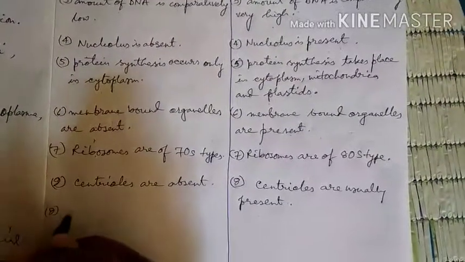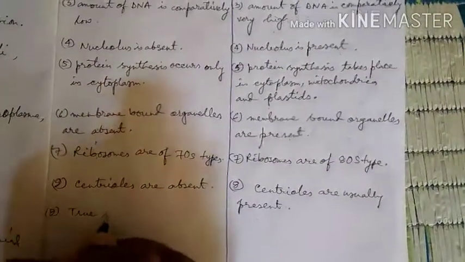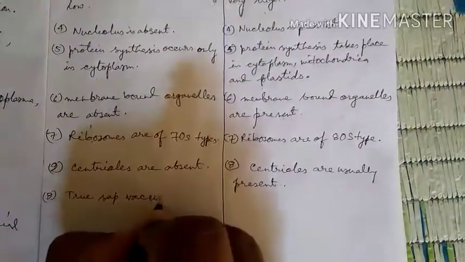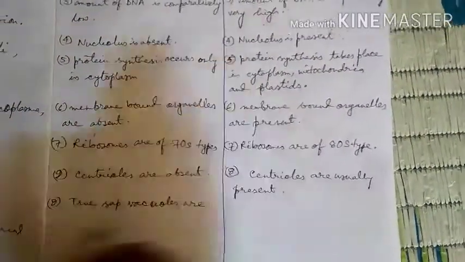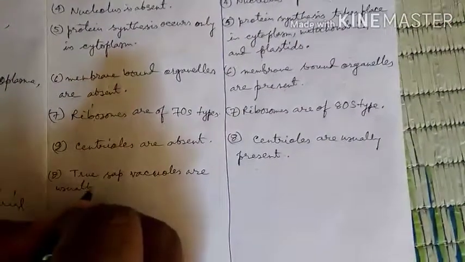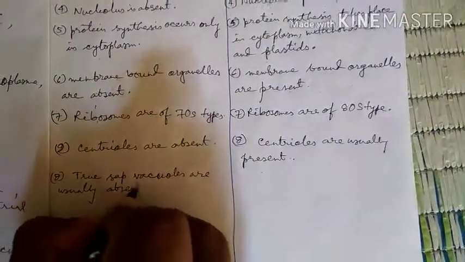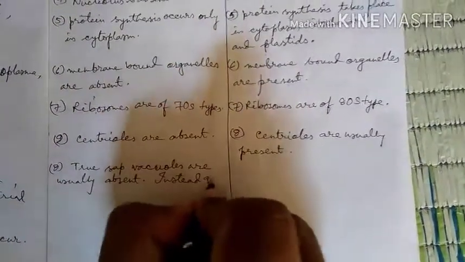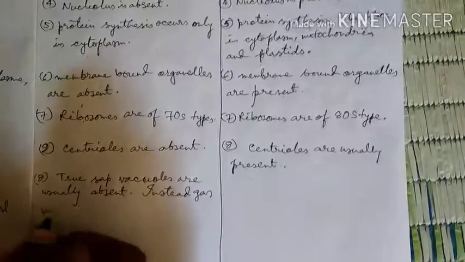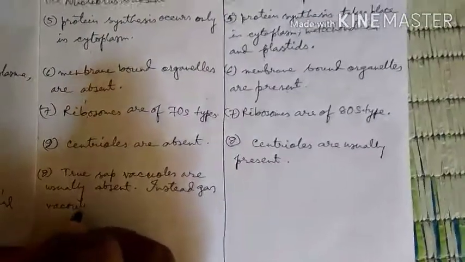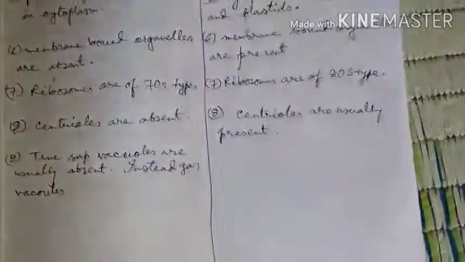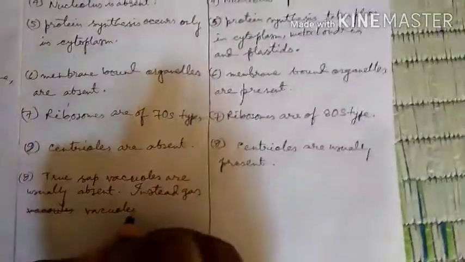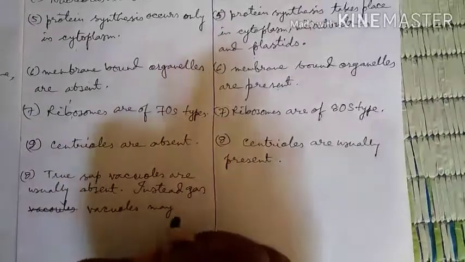In prokaryotic cells, true sap vacuoles are usually absent. Instead, gas vacuoles may be found.